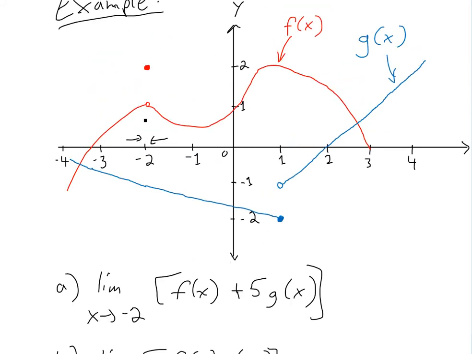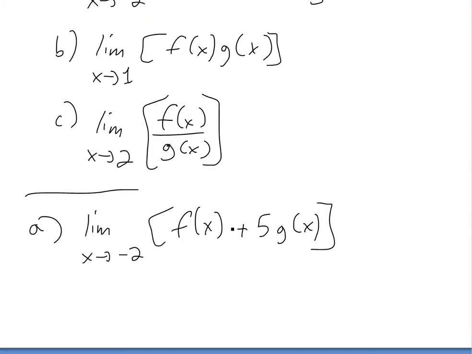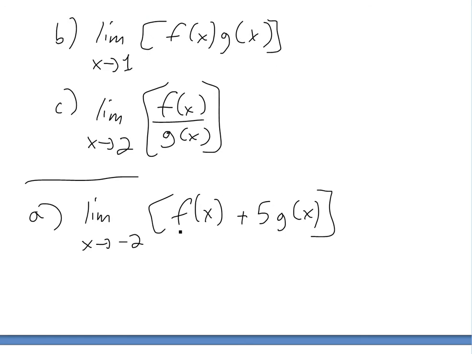As you can see, for f(x), this is approaching the value of 1 as x approaches -2. But before we get to that, I want to use our limit laws. We can use the sum law, so this equals the limit of these separately, because we can find out what they are separately.